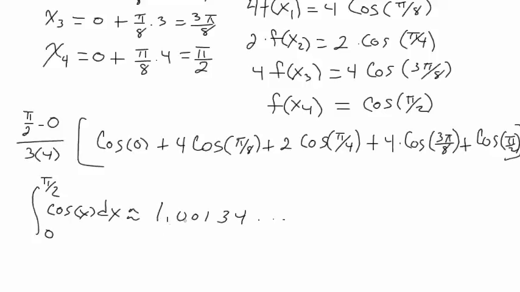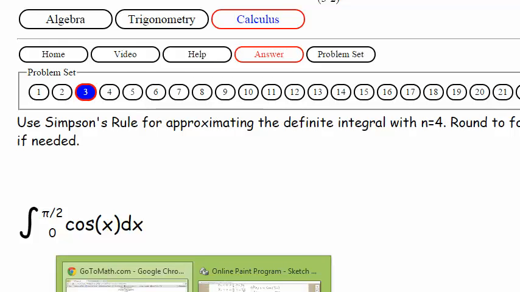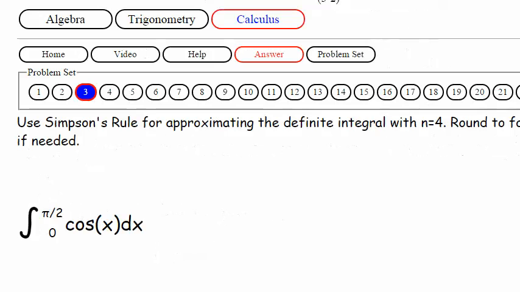We're rounding to 4 decimal places. Let me go back and take a look at that. Oh, I think there was another 0 in here. Sorry. 1.000134. Yeah. So to 4 decimal places, 1.0001, I believe.